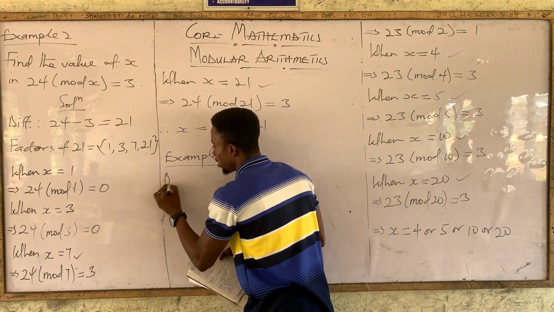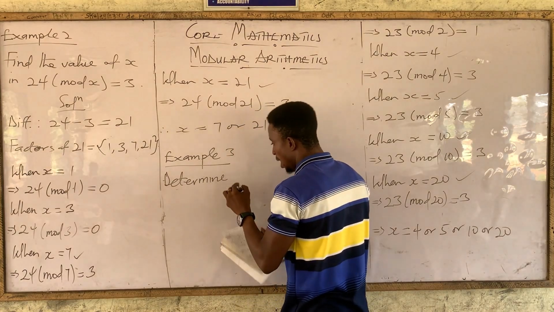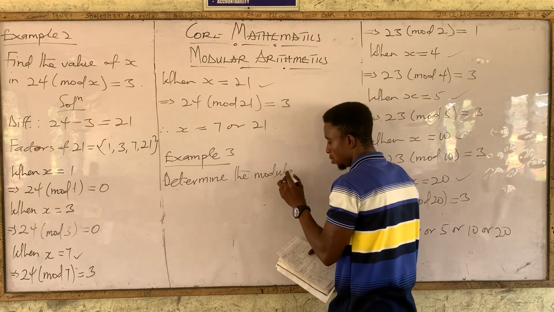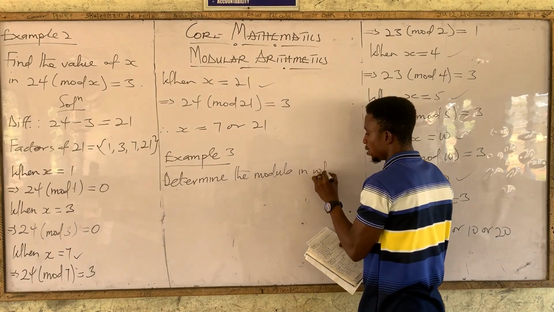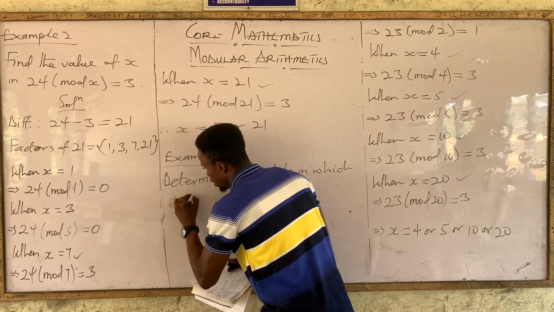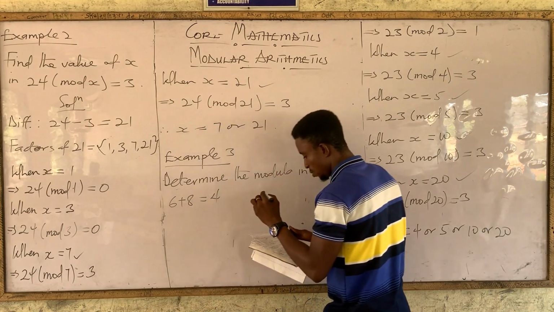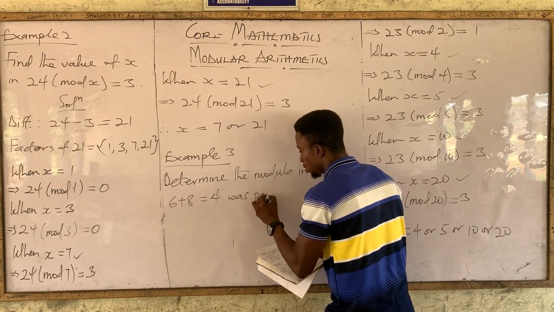You have to determine the modulo in which 6 plus 8 is equal to 4 was performed.